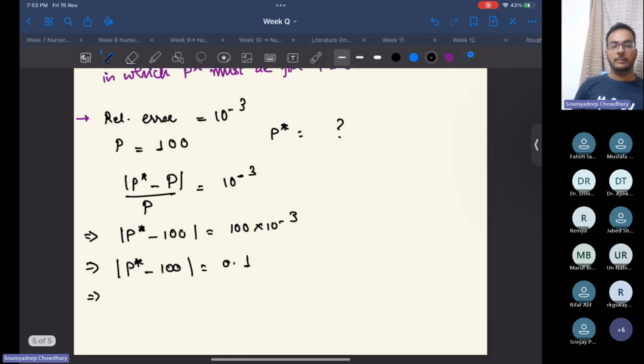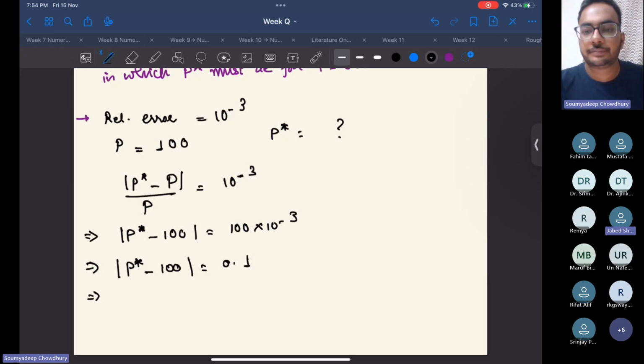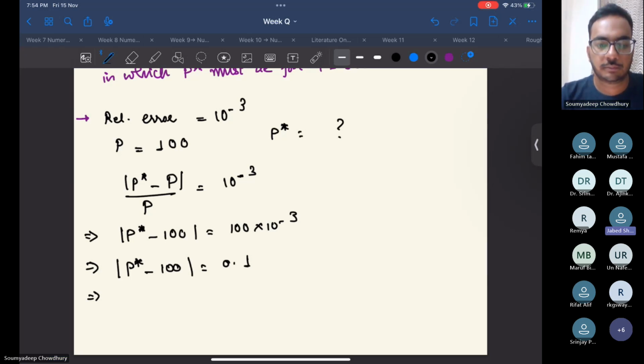So from this, can you tell me what is the interval for P star? How to solve this equation? Modulus of P star minus 100 equals to 0.1. Yes, Javed? Sir, is it 100 plus minus 0.1? That means 99.9 to 100.1.